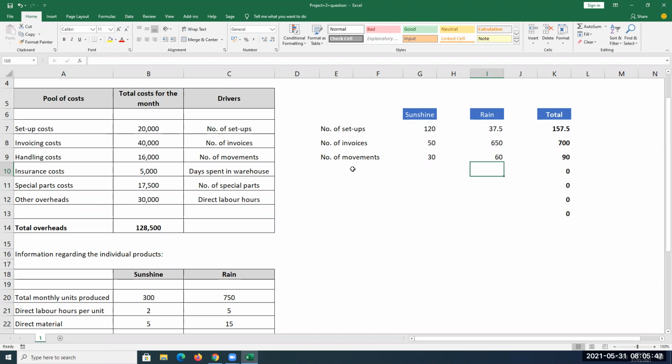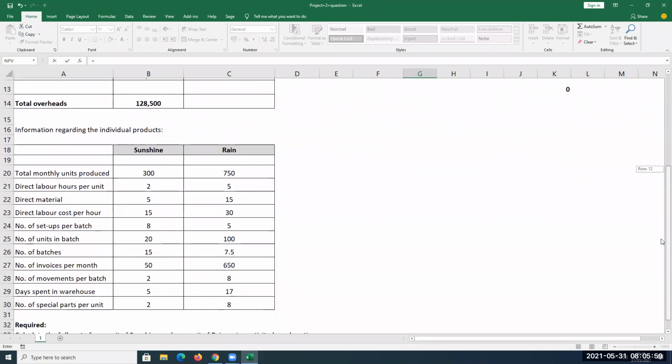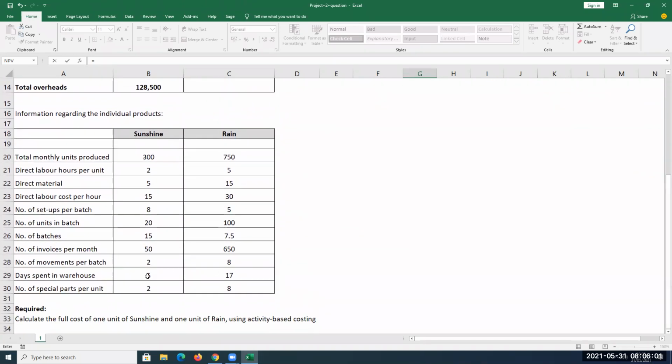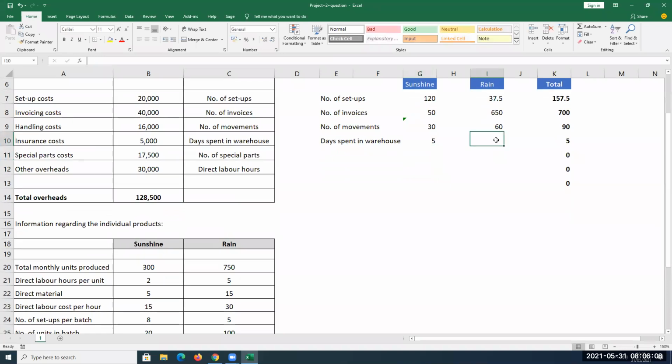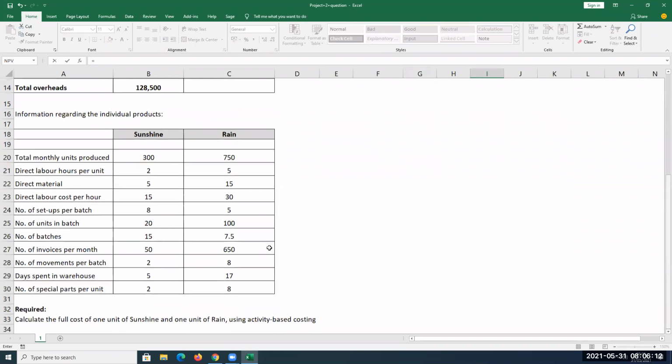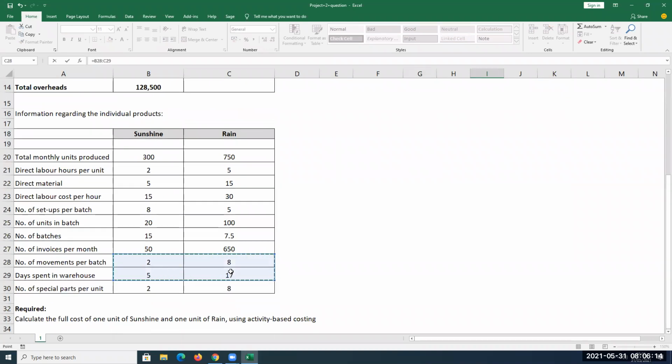Next, days spent in the warehouse. This information is given in the second table. Days spent in the warehouse for Sunshine is 5, and for the Rain product we have 17.